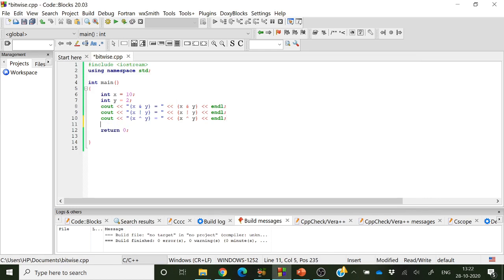Now we implement the complement operator. Remember, the complement operator is a unary operator. x complement is equal to... To make the interpretation easier, let's take y complement, because it will be easy for us to understand how this operator is functioning.